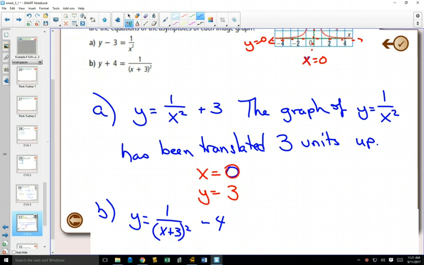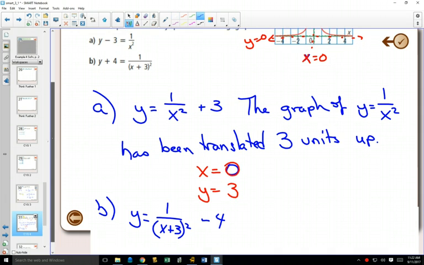Well, one thing I do is look for where the x is. Here the x is on the bottom. What's happening to that x? That x is going to get squared. So this is related to the 1 over x squared graph that we had to start with. But what's changed? There's a plus 3 inside the function and a minus 4 outside of the function.